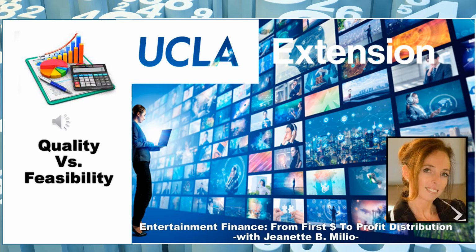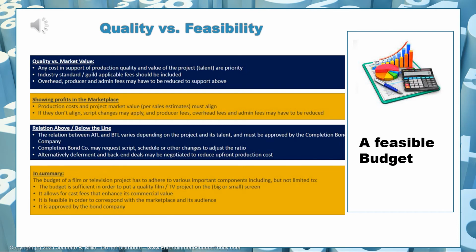There is a gentle balance we have to watch when we start cutting our budget that relates to quality versus feasibility. There are a few things where I would be careful to reduce them, because, for example, your talent is a priority for your film project because they make the value, they dictate what your project is worth, and they are the ones helping you be profitable.